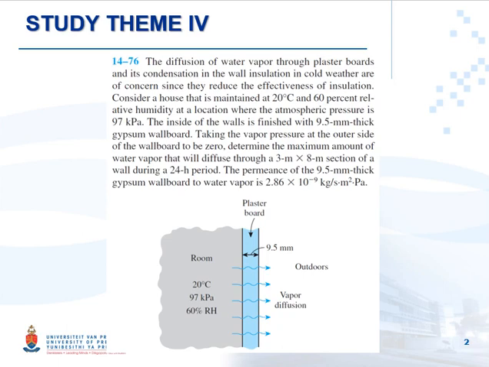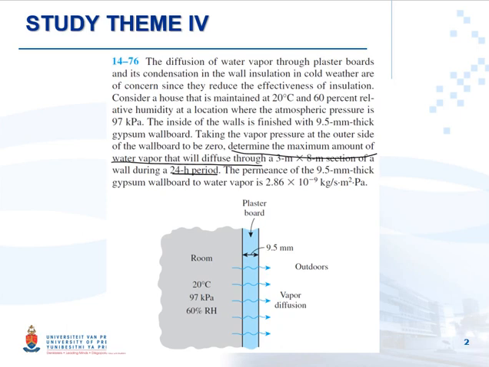From the previous example, we know that when we are going to calculate something like a water vapor migration in a building, the same thing that is asked here, determine the maximum amount of water vapor that will diffuse in 24 hours, we need to find first our total resistance, and after that it will be easy.